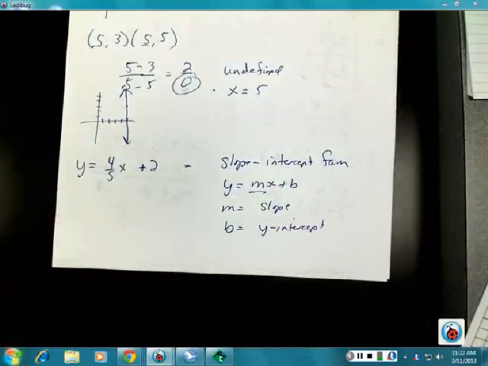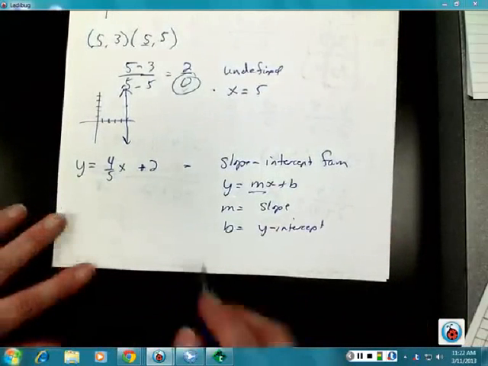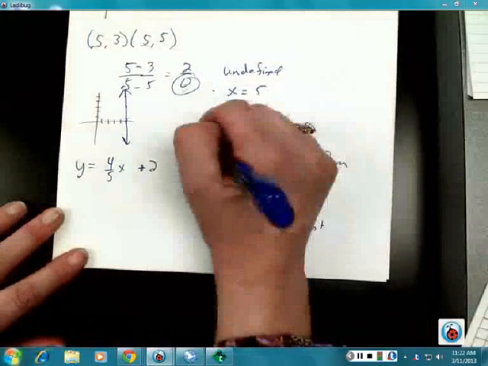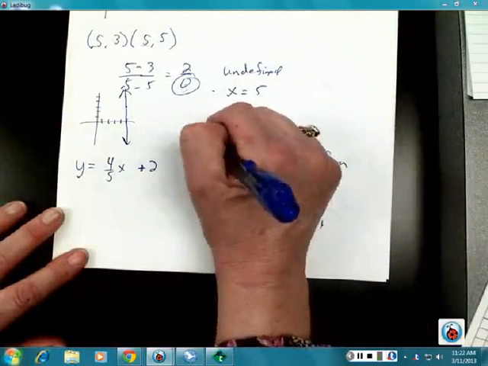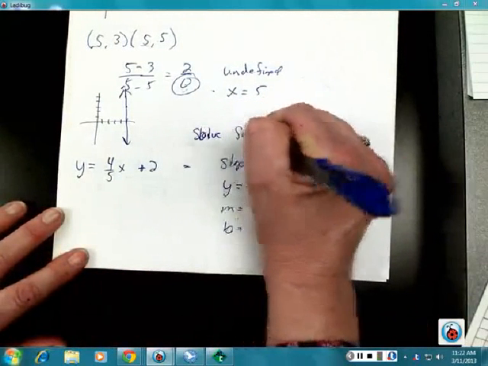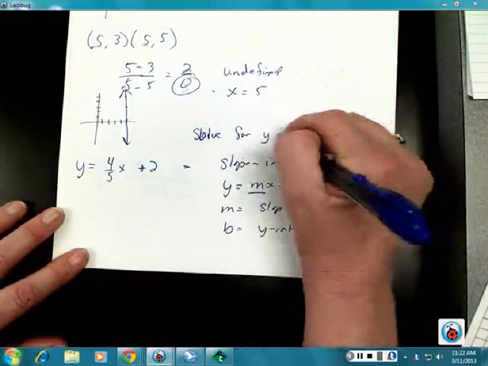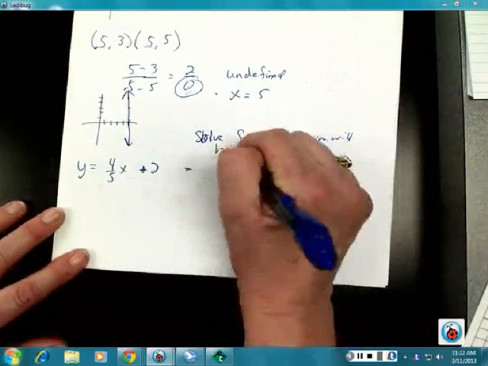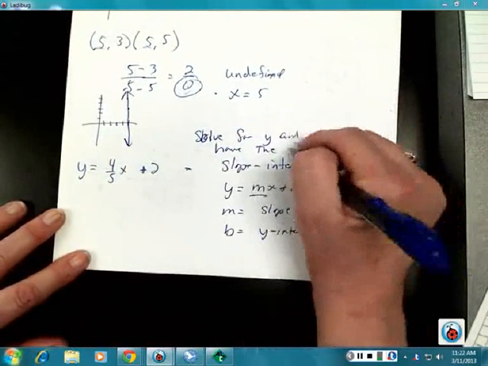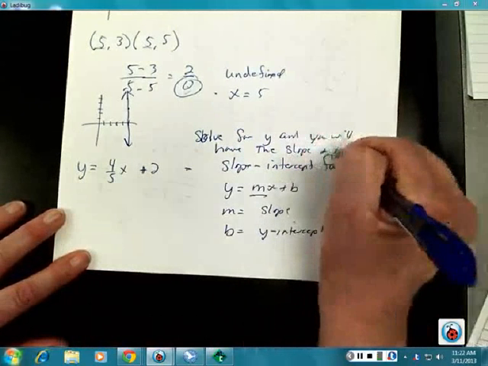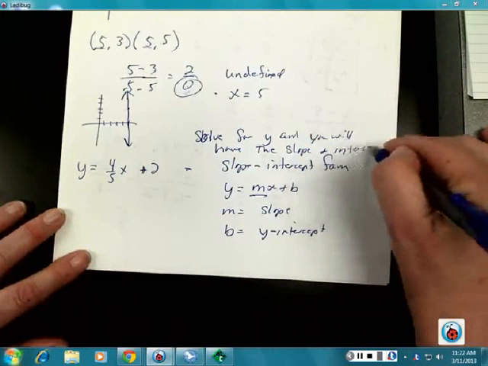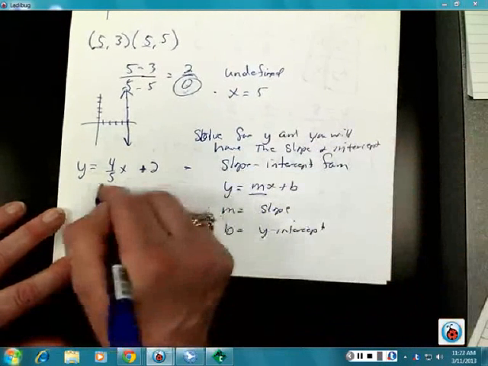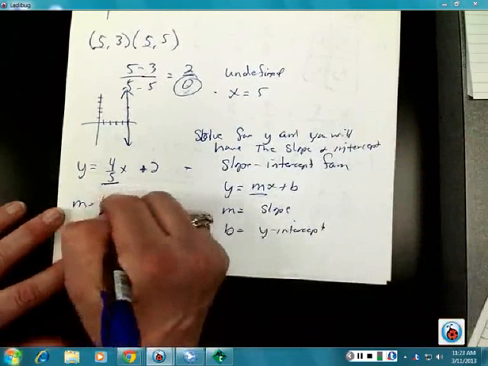So if I get my equation, so I've solved for y, in all of these solve for y, and you will have the slope and intercept. Slope is here, so m is 4/5.